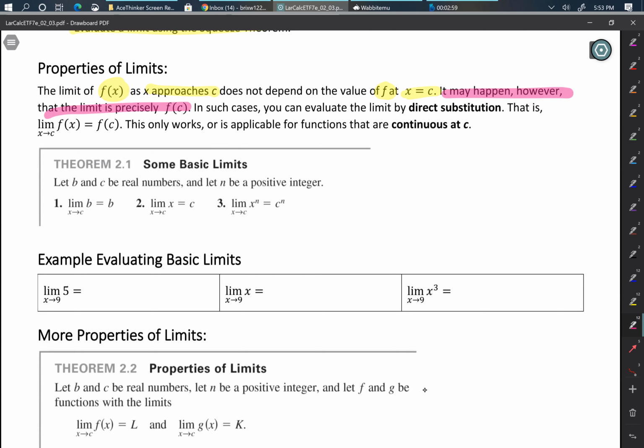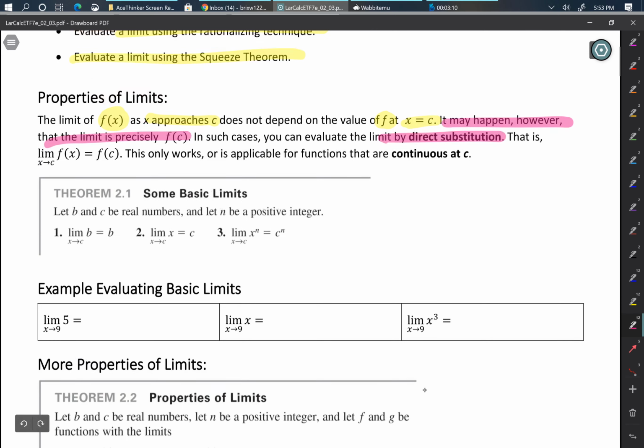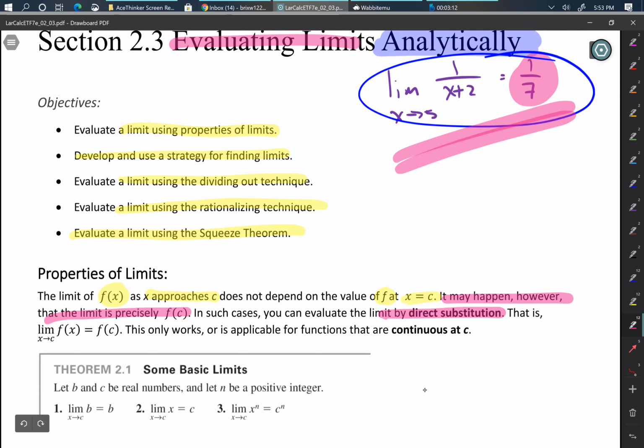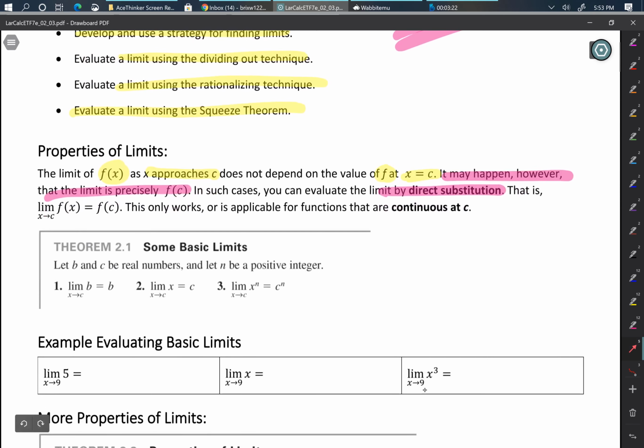That is, you might end up with a function that when you're evaluating the limit, you can just apply c to the function and see what you get. Right? This technique is called direct substitution. In fact, it's what I did here. I just took the 5, plugged it in for x up there, and said 5 plus 2 is 7, 1/7, and I was done. Because I used a technique called direct substitution.